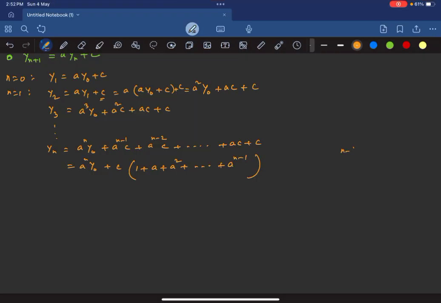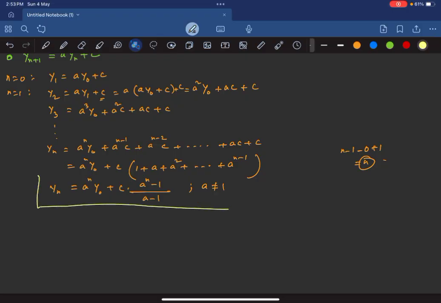From a^0 to a^{n-1}, that is n - 1 - 0 + 1, so n terms. It is a geometric series with common ratio a, so you can write the formula (a^n - 1)/(a - 1), provided a is not equal to 1. So you can apply this formula, given by this one.